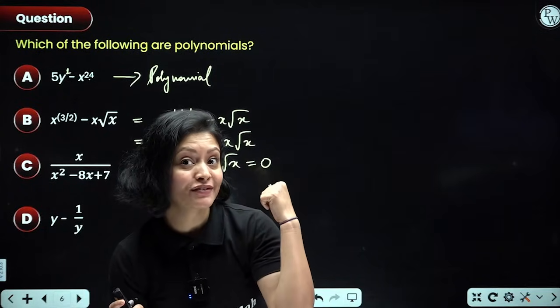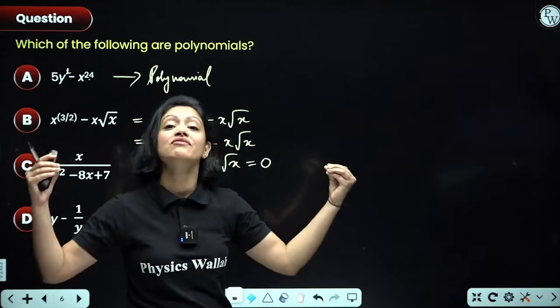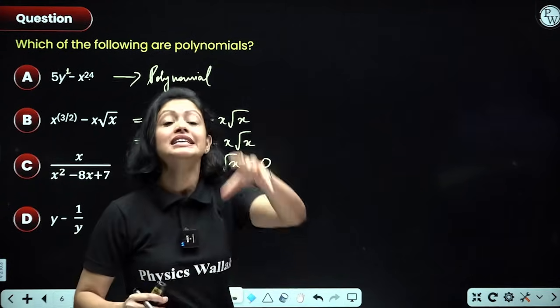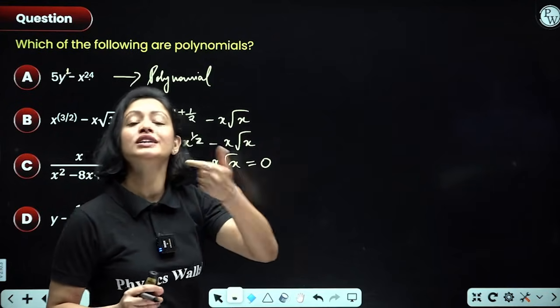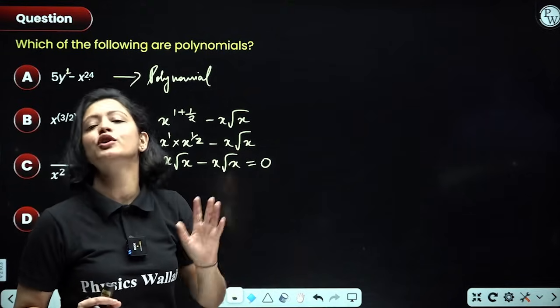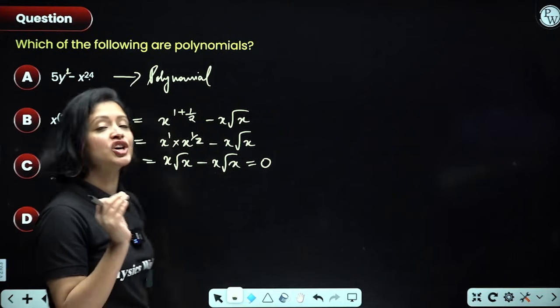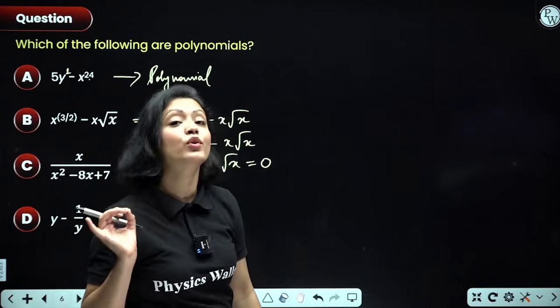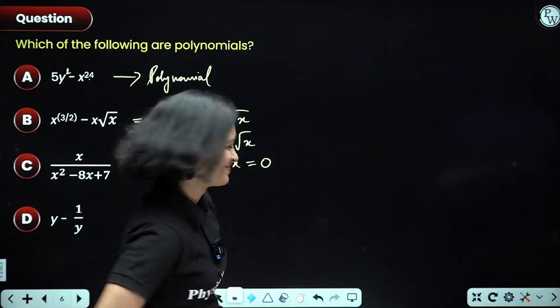Remember the standard form that we studied, right? So remember, you have to always evaluate like terms first, simplify the polynomial into standard form, and then check whether the expression is a polynomial or not. So we have simplified this, we got 0. Now the question is, is 0 a polynomial? Yes, is 0 a polynomial, everyone? Okay, let's see.